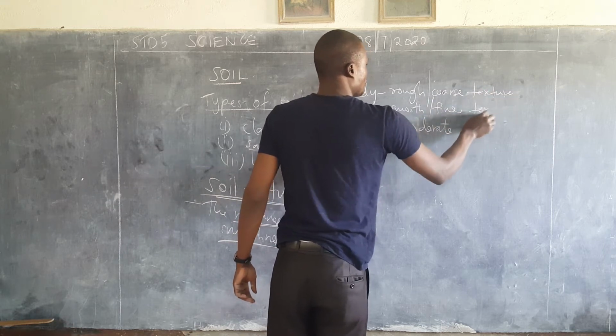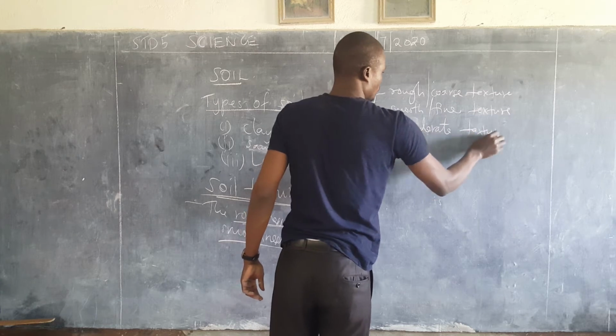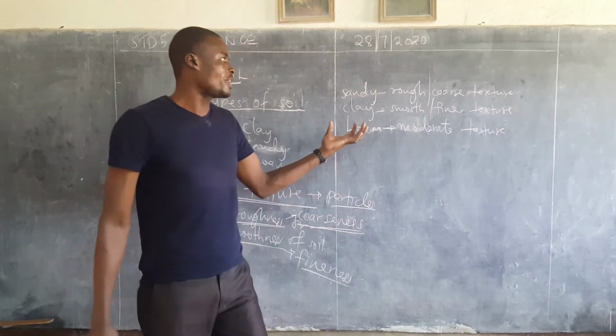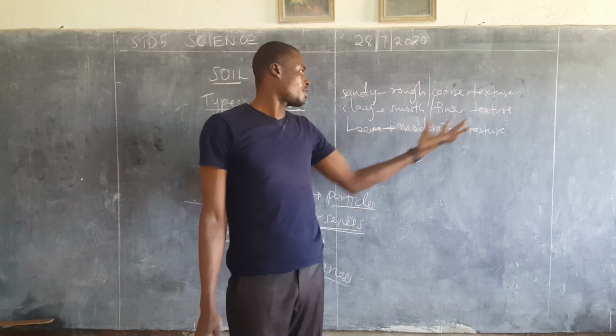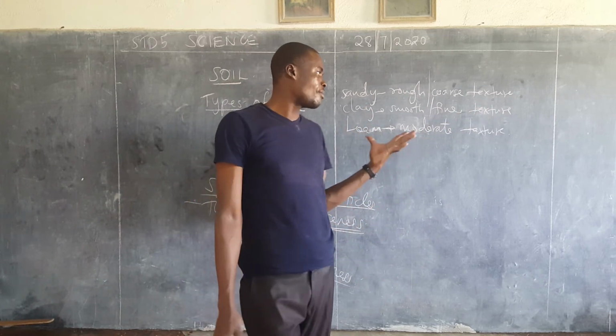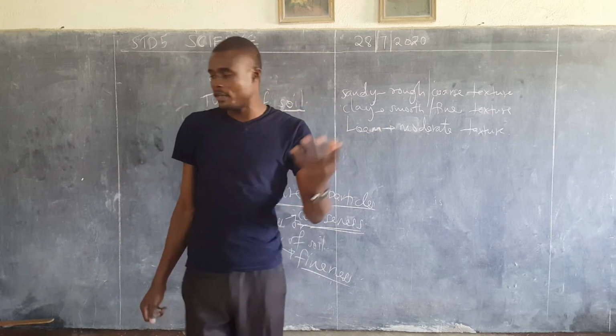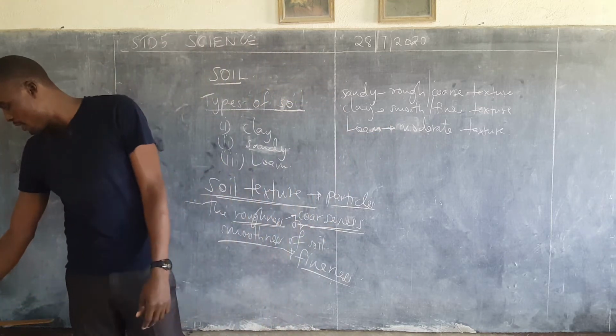This is about texture. So we said that sandy soil has a rough or coarse texture, clay soil has a smooth or fine texture, and loam has a moderate texture. Moderate meaning not very big or not very small, in the medium.